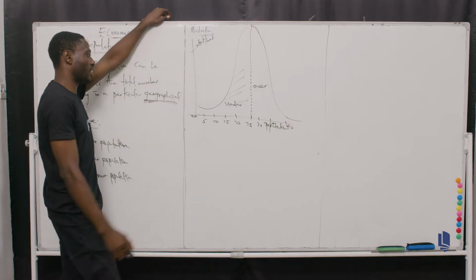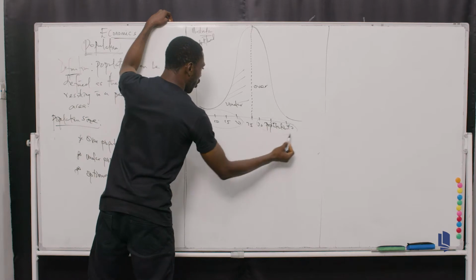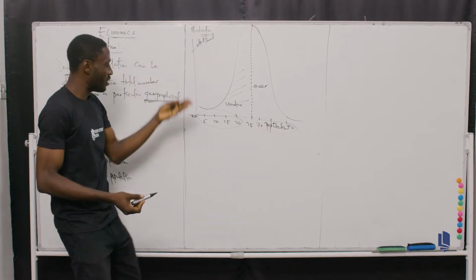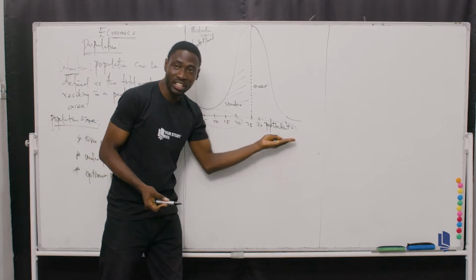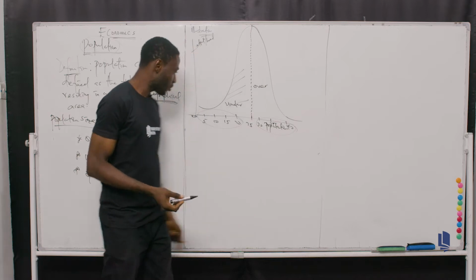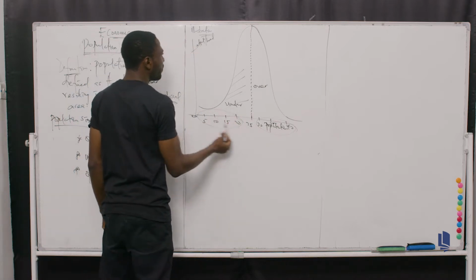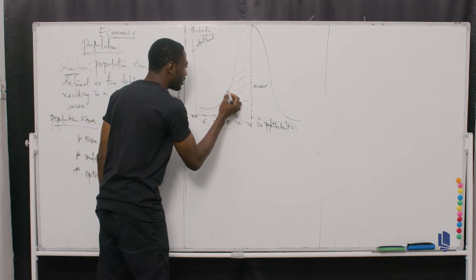Now, if you compare the two of them, you observe that the population here is low compared to the population here. So that means this is under and this is what? Over.